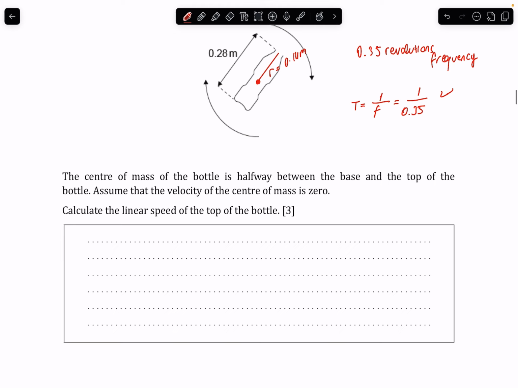So what we can do here basically is we can just say v equals 2 pi r over T. So 2 pi times 0.14, and then 1 over 0.35. And this is going to equal to something around 0.31 meters per second, if I'm not wrong. And this is our linear speed at the top of the bottle here.